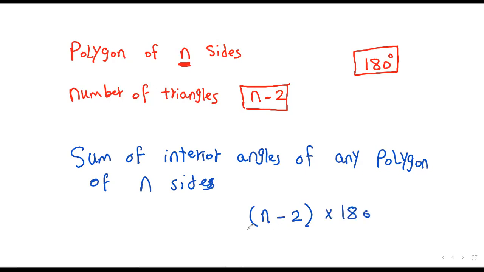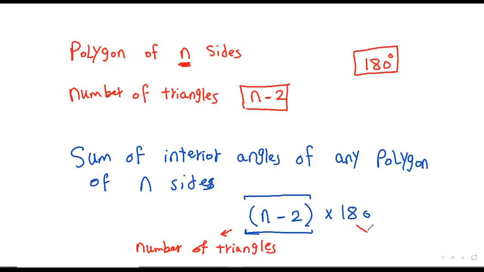What is n minus 2? n minus 2 is the number of triangles. And as you know, the sum of interior angles of any triangle equals 180. So once again, what is n minus 2? n minus 2 is the number of triangles.